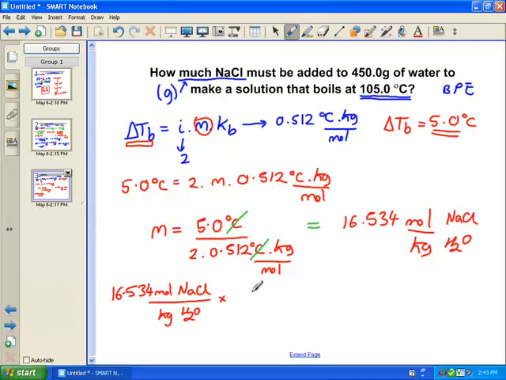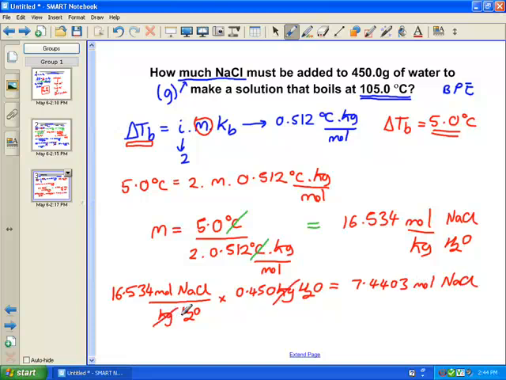So let's take into account that fact. 450 grams is 0.450 kilograms of H2O, which allows us to calculate our number of moles, which in this case is 7.4403 moles of NaCl, because our kilograms and our kilograms cancel out.